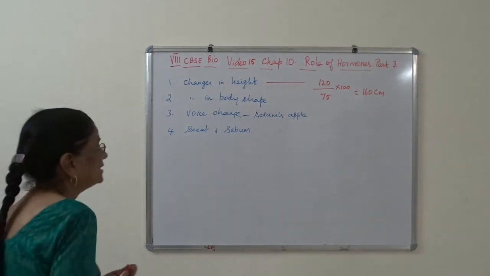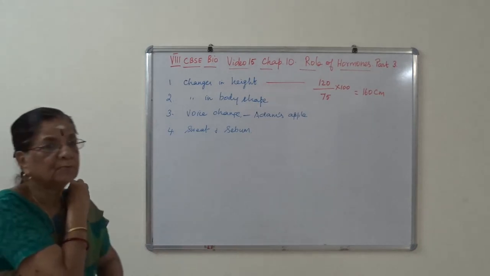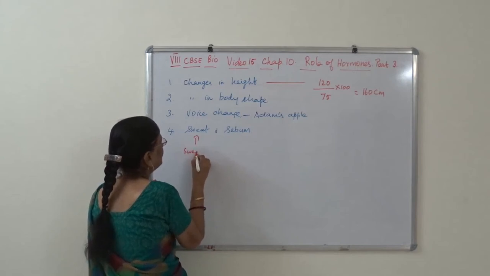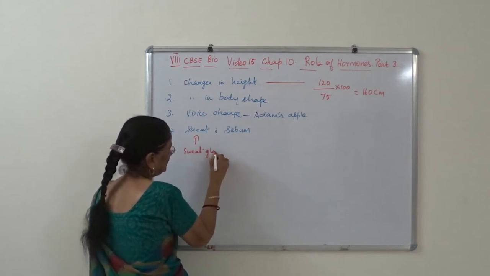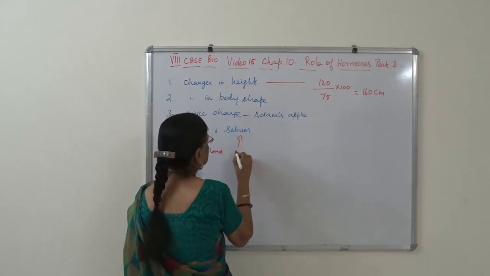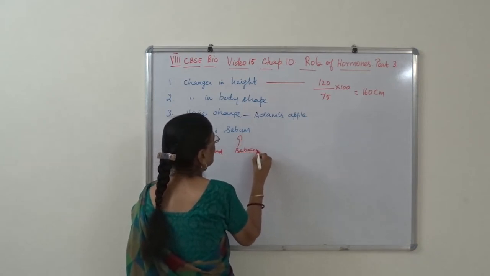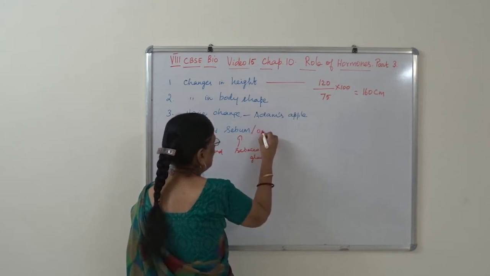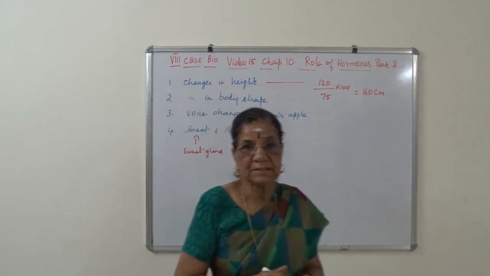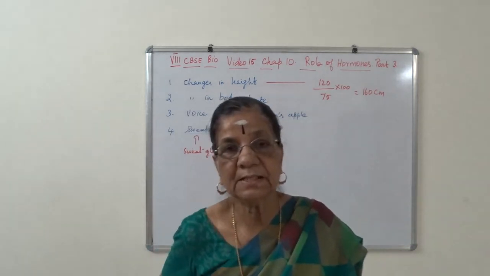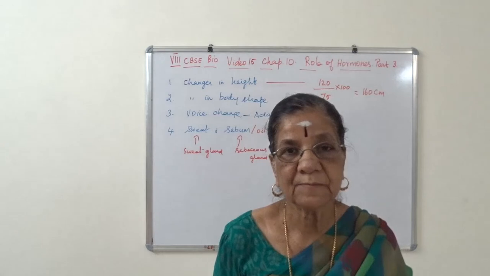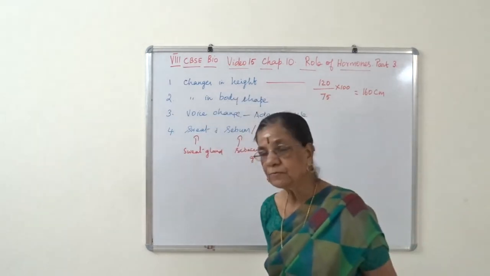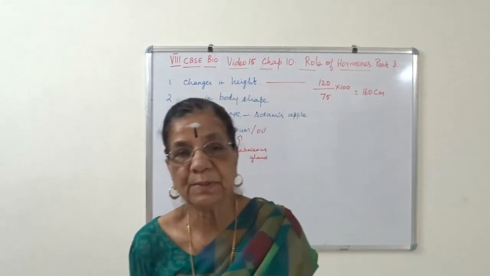Okay. The next one, increased activity of the sweat gland secreting sweat, and the sebaceous gland secreting sebum or an oily substance. These sweat glands and sebaceous glands, where are they? They are present in the skin. The skin is formed of the outermost layer epidermis.